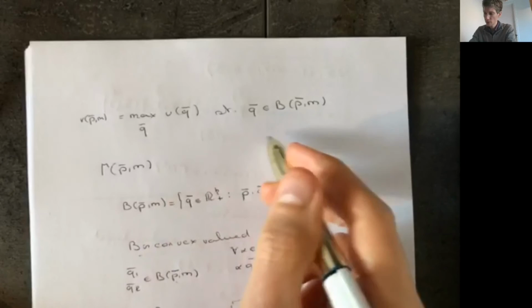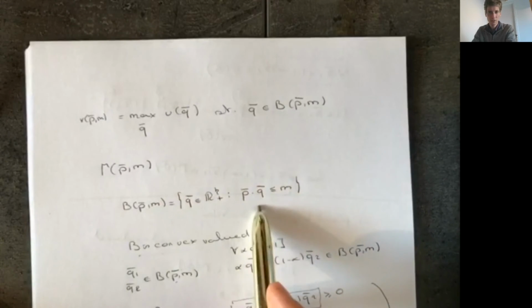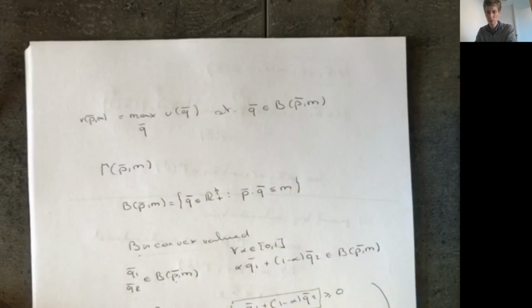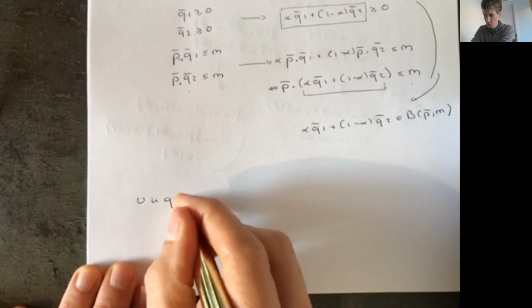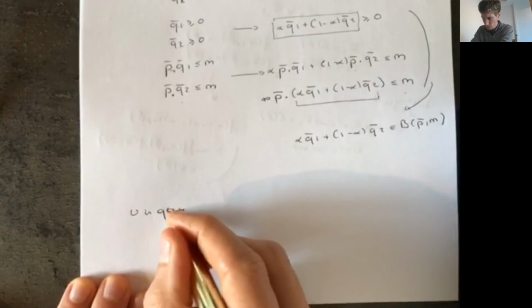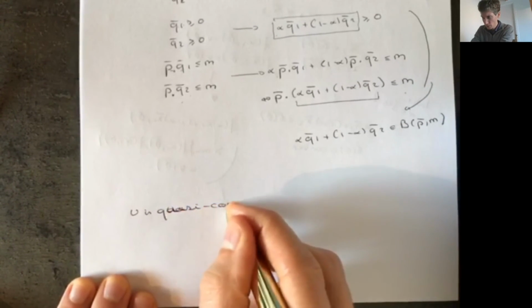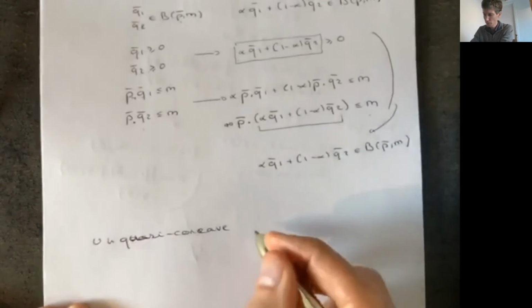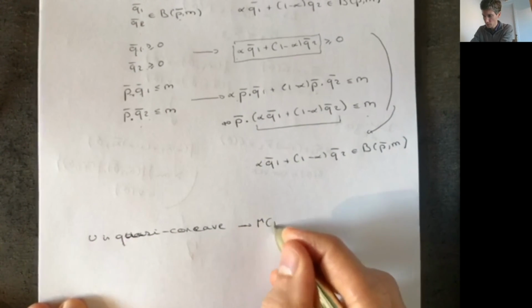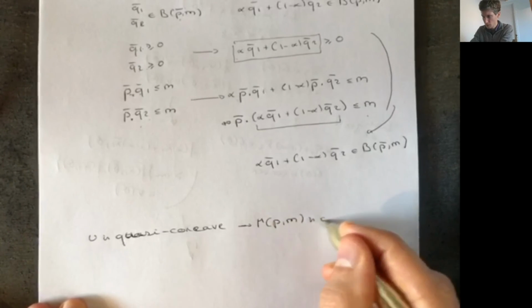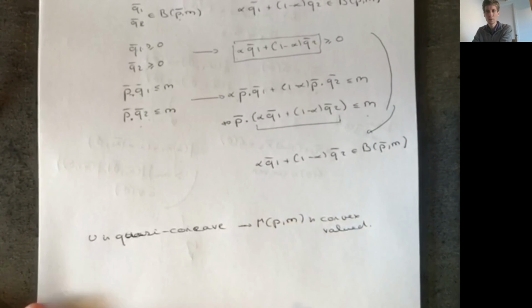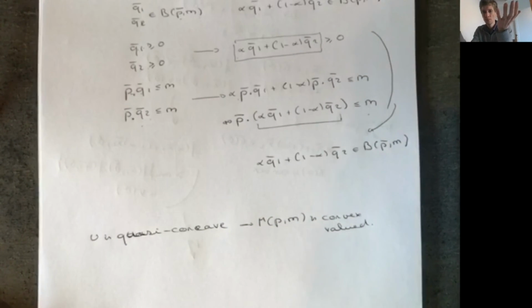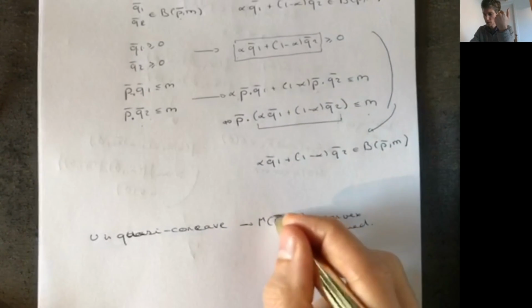So now we can show that because this is a convex valued correspondence, if u is quasi-concave, then gamma(p,m) is convex valued. Okay, so if you have two bundles that are optimal, then the convex combination of these two bundles will also be optimal. This is basically what it says.